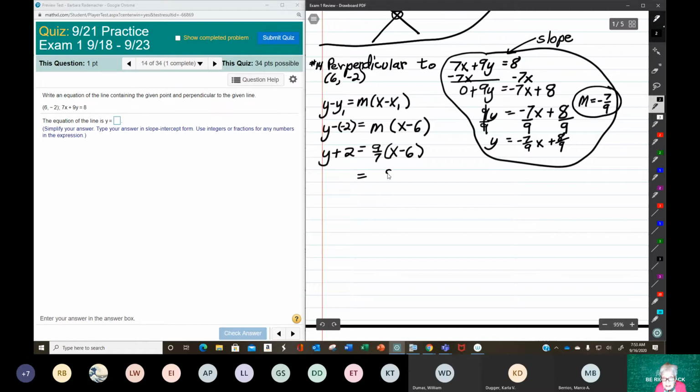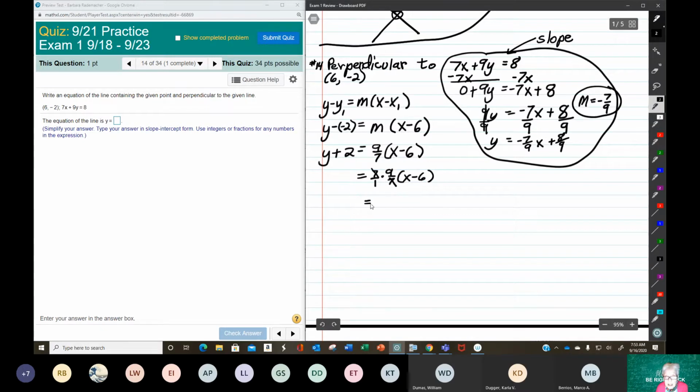Here we've got 9/7 times x minus 6. The denominator is 7. If I multiply this by 7/1, which is just 7, so I'm multiplying by 7, the 7 up here and the 7 down there cancel.